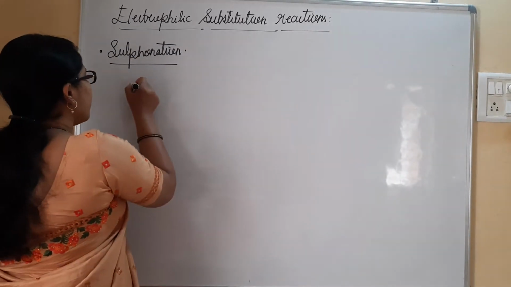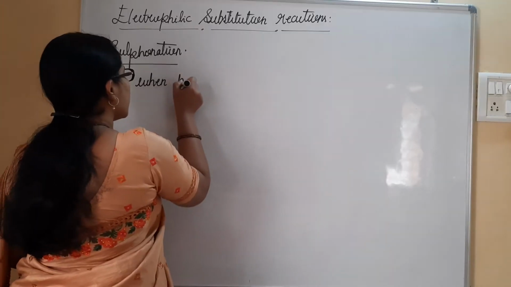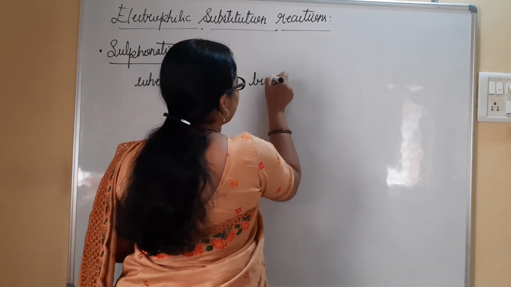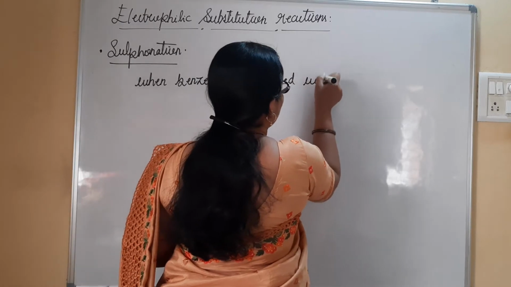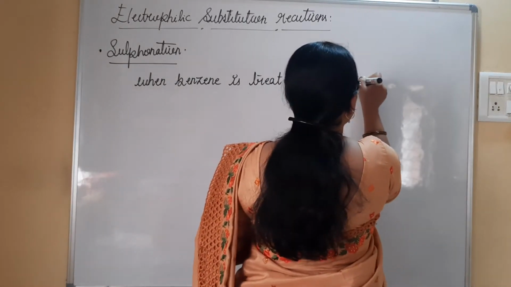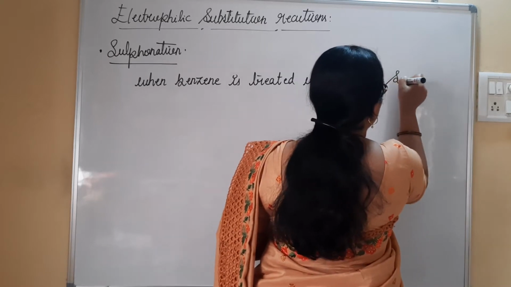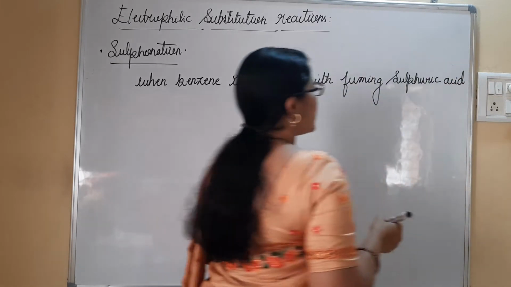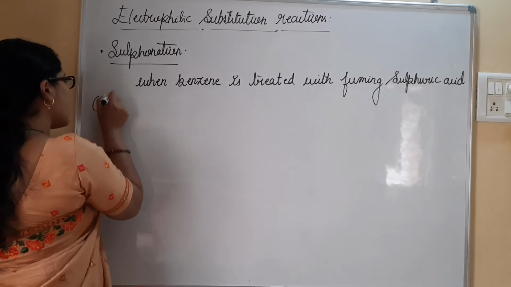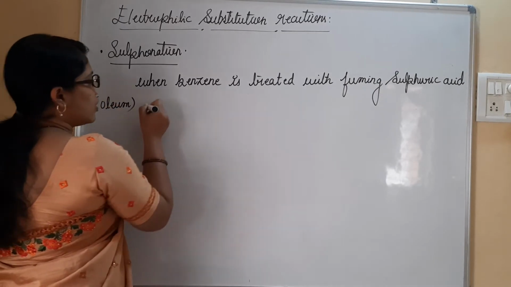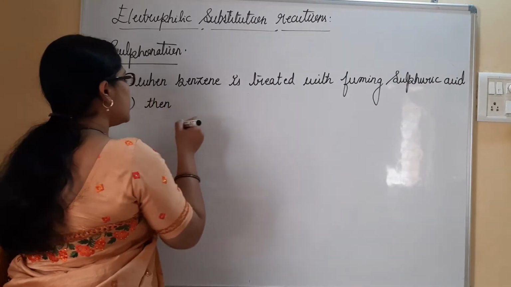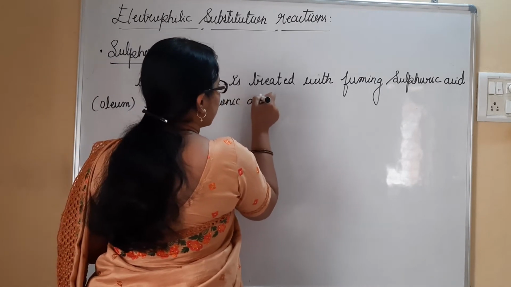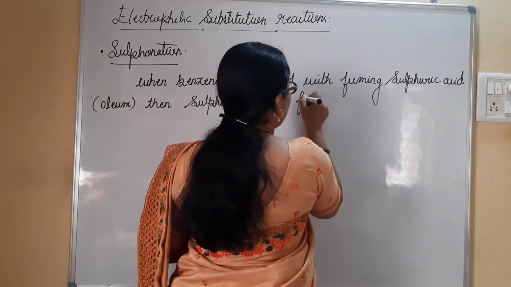So I'll write the statement. When benzene is treated with fuming sulfuric acid, which we are using here, referred to as oleum, then sulfonic acid is formed.